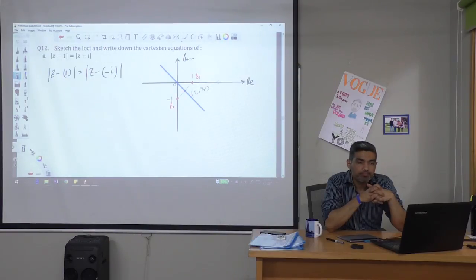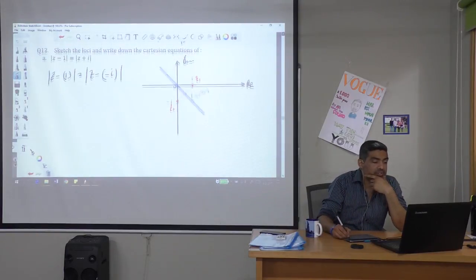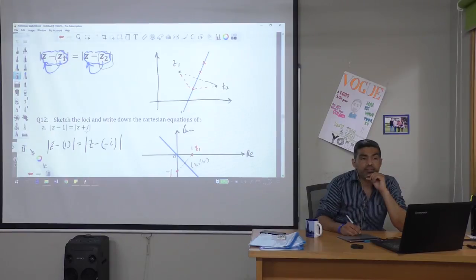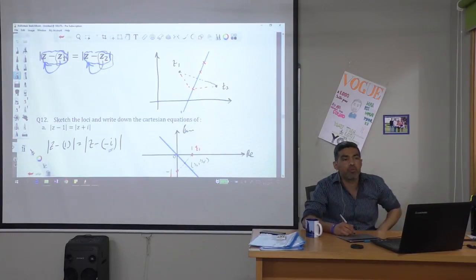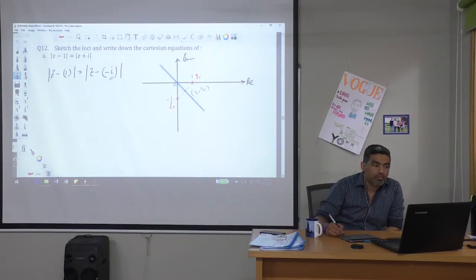Z minus i instead of Z plus i, because I need to identify what exactly Z1 and Z2 are. We need to stick with this form: Z minus Z1, Z minus Z2. So Z minus 1 means Z1 is 1. Z2 is not i. Z2 is actually minus i. Only if you write in this form with a Z minus, would you be able to identify what exactly the other fixed point is. So how do you say Z2 would be minus i over here in the sketch?